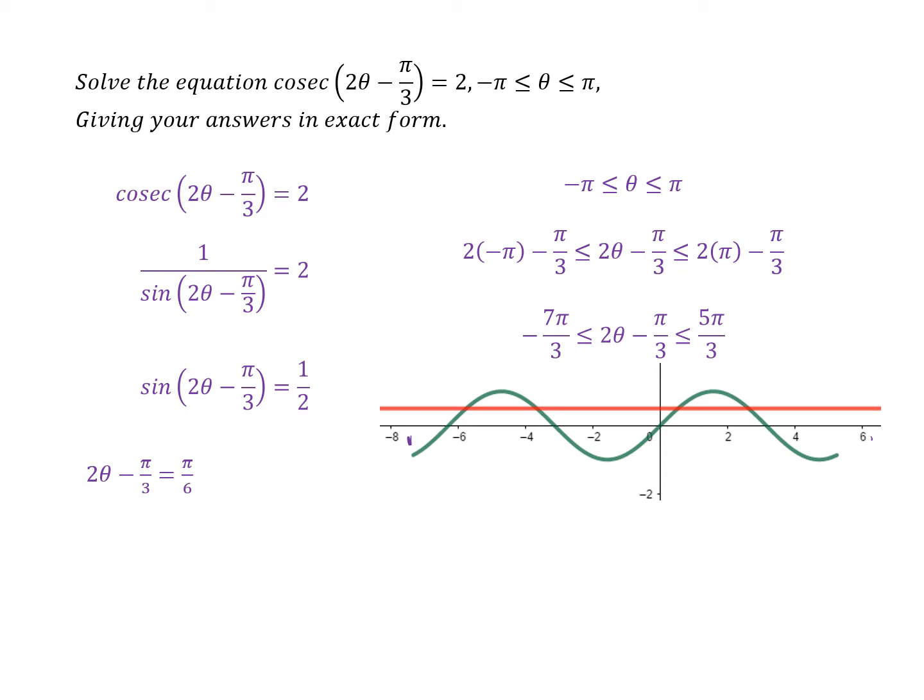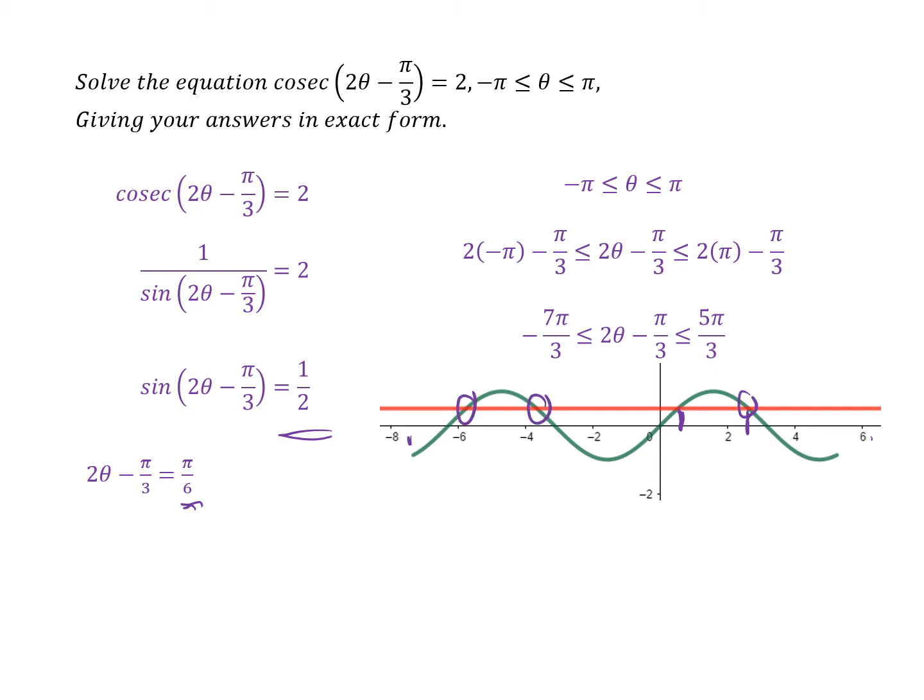I've also drawn the line y equals a half as well, or sine theta equals a half. So we see that the first answer that we've got, this pi over 6, that's this answer here. So we've got 3 other answers to find.